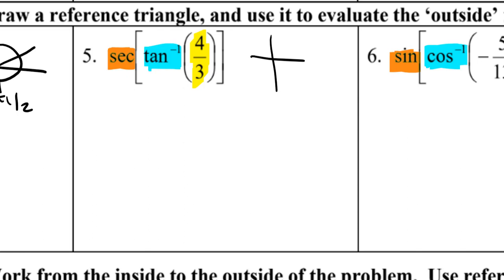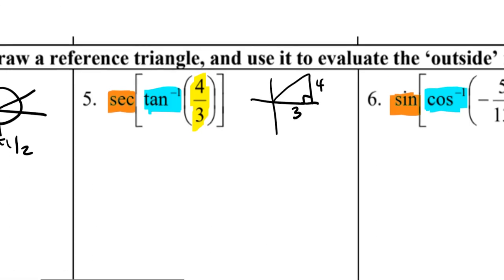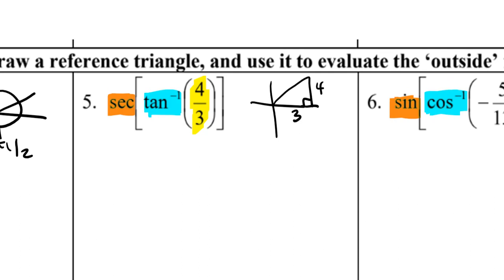That's positive, and tangent is positive up in quadrant number 1. So we will draw a reference triangle up in quadrant number 1. Tangent is opposite over adjacent, so the opposite is 4 and the adjacent is 3. I don't have to worry about adding a negative sign to either of those two values.